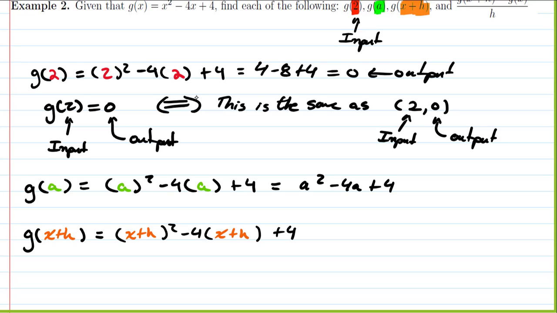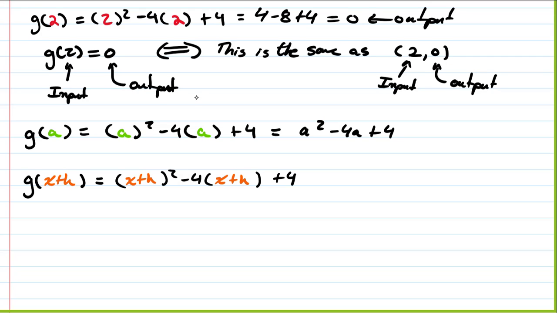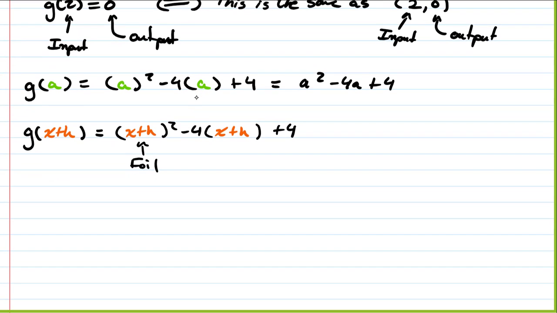So now to simplify this, I need to do a little bit of work. So this one I need to distribute out or FOIL, and if I multiply a binomial by itself, I'm going to end up with x squared plus 2xh plus h squared.